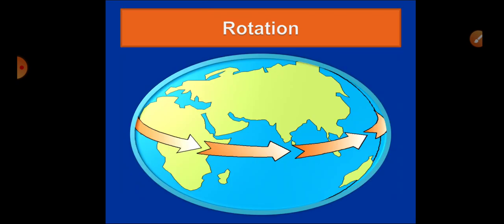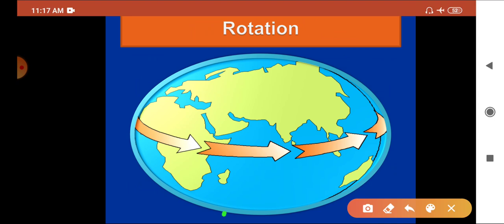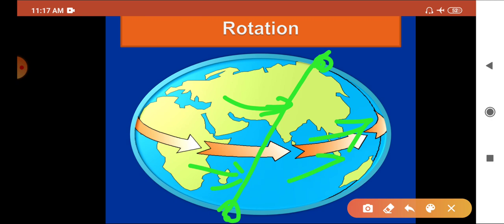If we see that this is the axis here in between, so it spins on its axis here only, not doing any revolution, not changing its place.